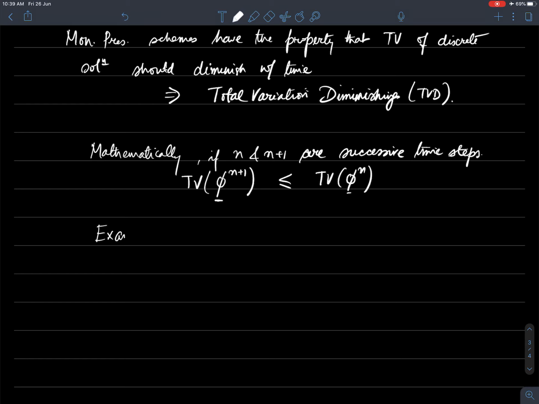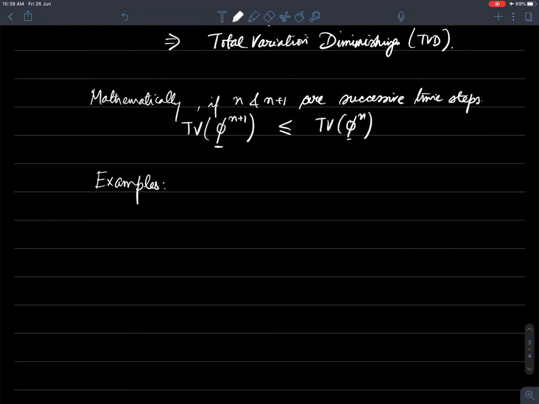So the examples of functions that satisfy these monotonicity preserving properties: one of them is psi of r equals r plus modulus r by 1 plus r, and this was given by Professor Van Leer in 1974.